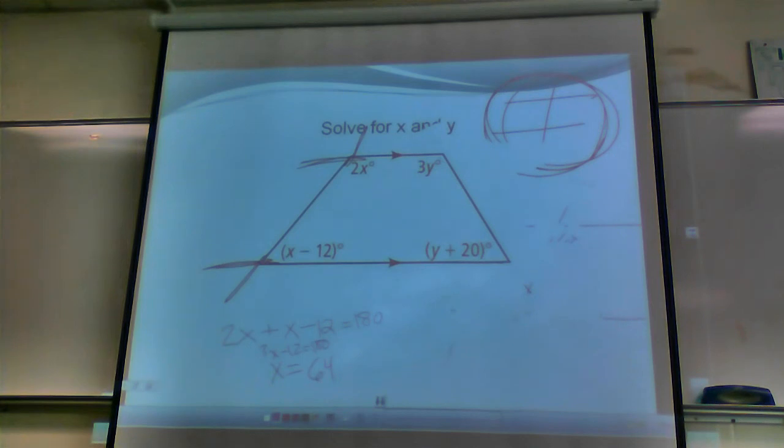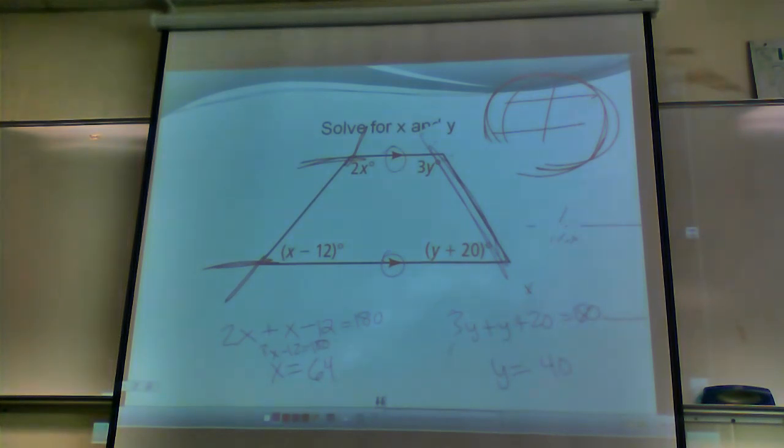If you eliminate that or cover it up, you're going to be left with those two having to add up to 180. And if I ask why, you would say because those are same side interior angles. I've got my parallel lines, and this line right here is my transversal, so that means they're same side interior. You said why? 40. Okay.